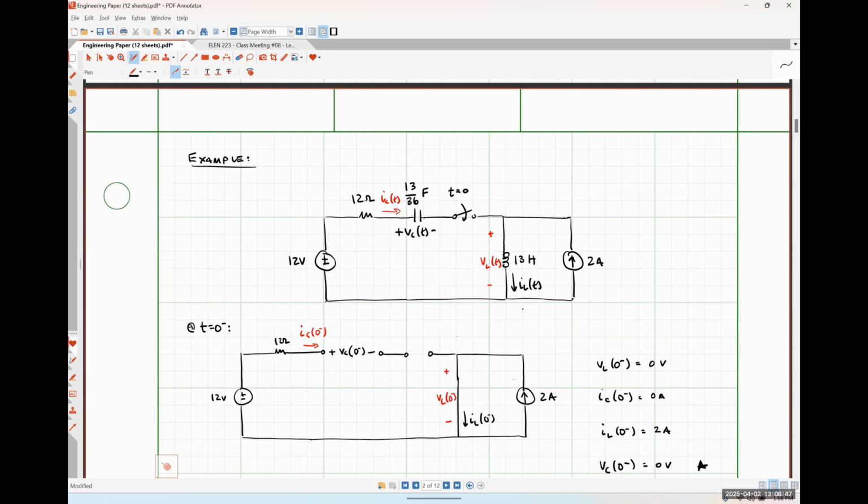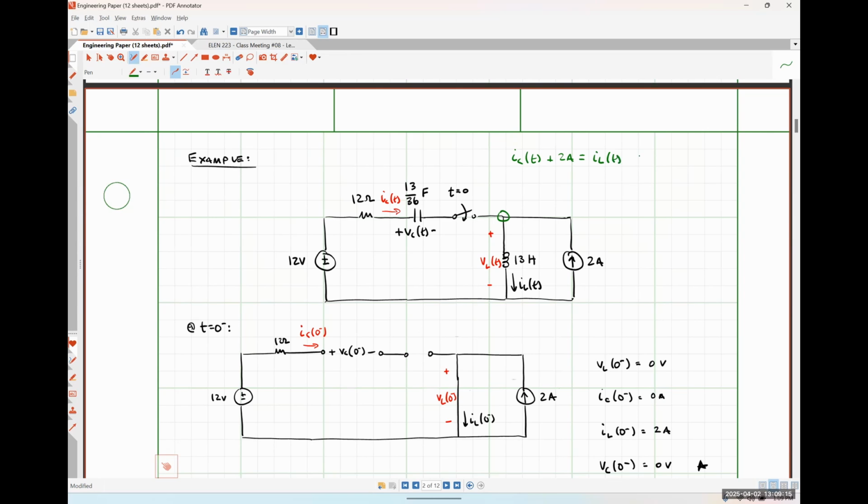So instead, what I might do is apply KCL here at this node, right? I'm just going to do it up here at the top. So I know that IC of T is flowing in, and 2 amps is also flowing in, and IL of T is flowing out.